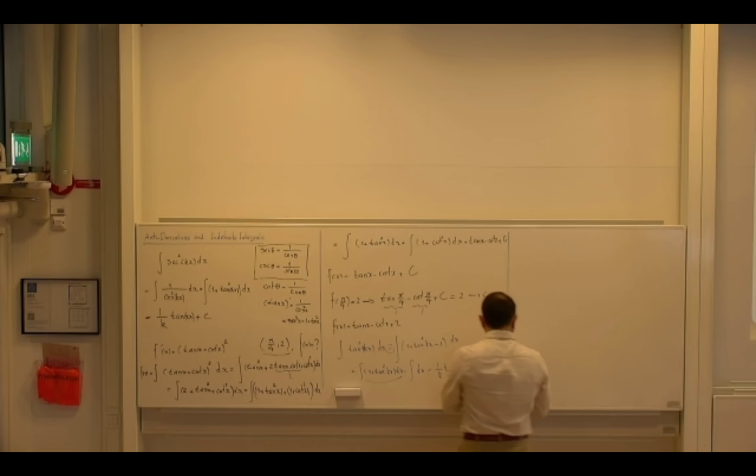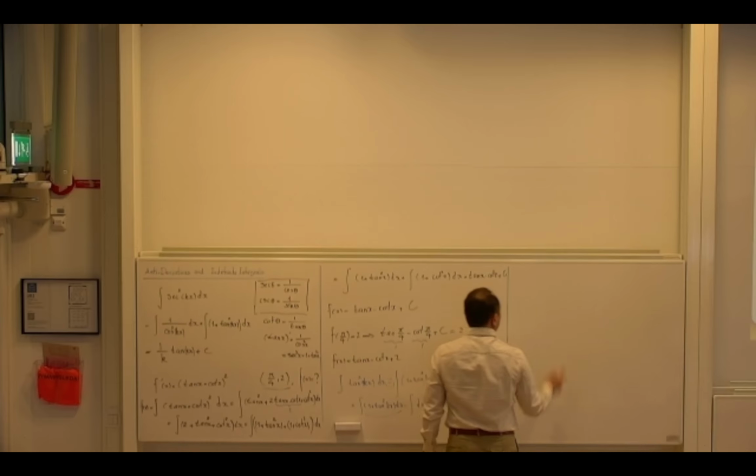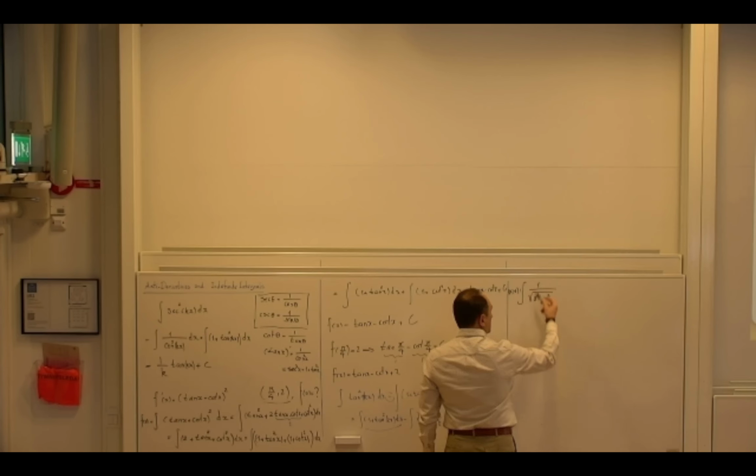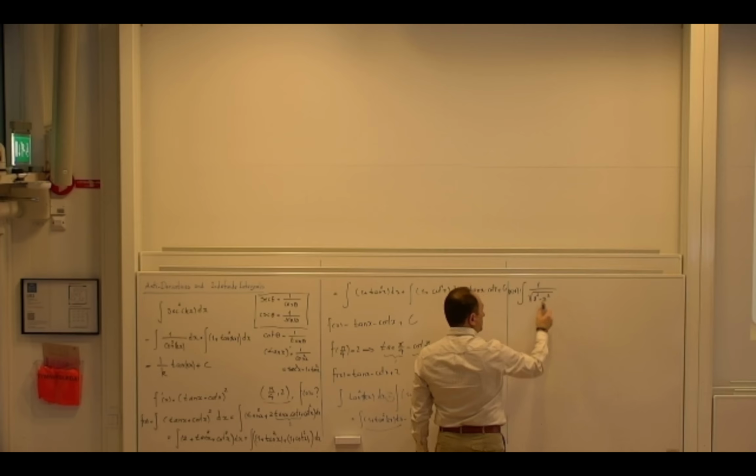This is something you need to remember. If you have an integral whose integrand is 1 over square root of a squared minus x squared, if a is positive, you have to train your eyes to catch this pattern. 1 over the square root of the difference between 2 complete squares, a squared minus x squared, where one of them is constant.